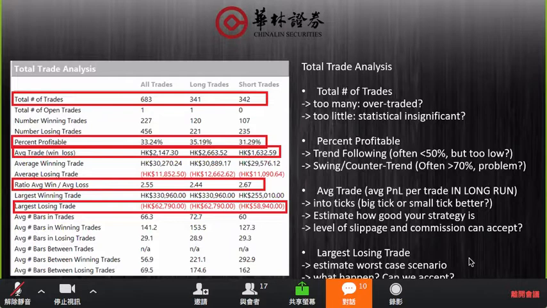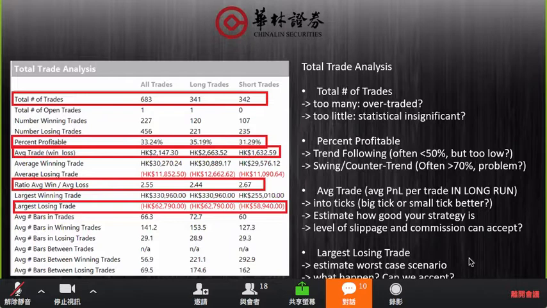However, we're talking about the long run. Let's say you run it for maybe 5, 10, 20 years. If your strategy is quite robust and you can trade in the market for a long period of time, then quite likely you can achieve this level of profit. And also, this is a profit for you to evaluate.